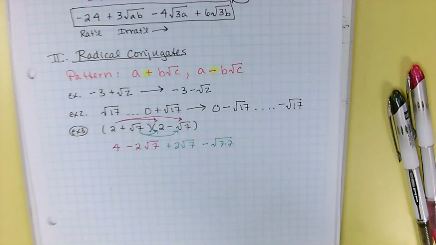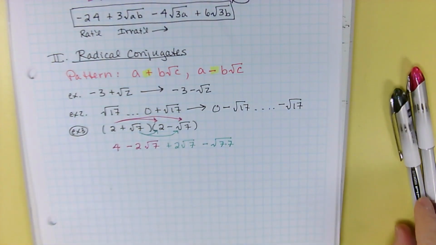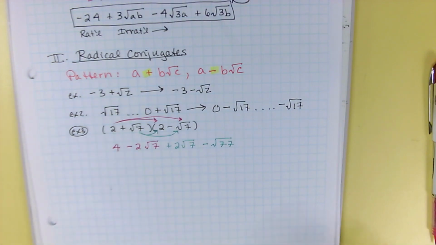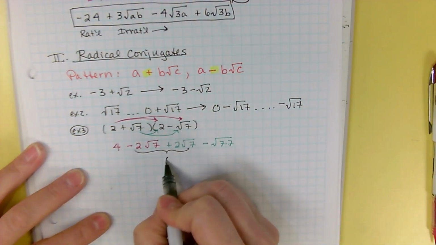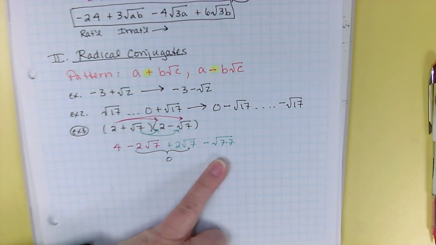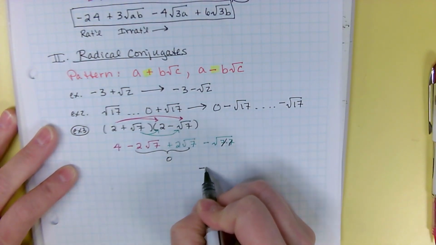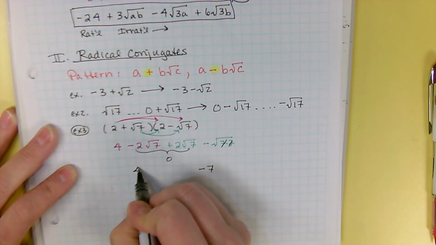The pattern that comes out when you multiply radical conjugates is that the middle two terms will always add up to 0. 2 radical 7 minus 2 radical 7 is 0. Then you have a real number here, and the second one is going to simplify out. Two 7s, one comes out, so I have a negative 7.